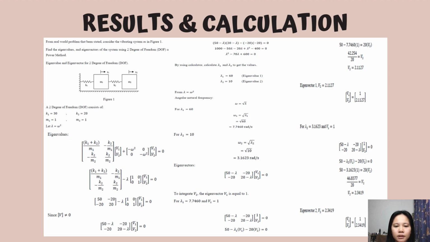As we can see, the eigenvector V1 is equal to 1. So for the first eigenvector, V2 is 2.1127. However, for lambda 2, we got V2 as 2.3419.